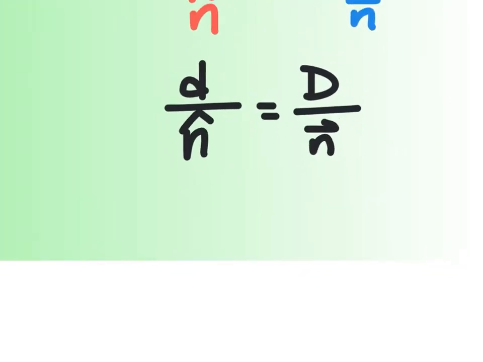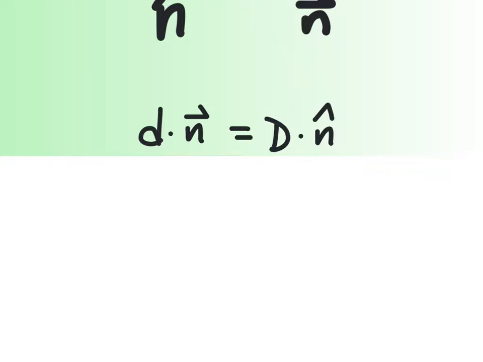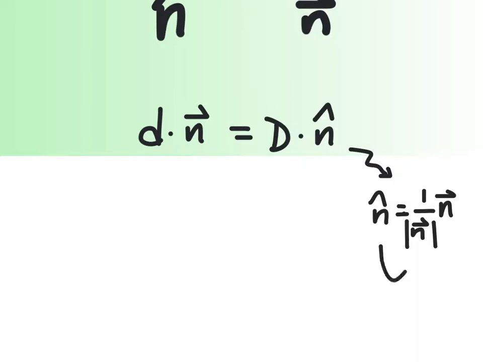I'm just going to do some algebra here, cross multiply. d times our normal vector would equal capital D times the unit vector in the direction of our normal. Now, I want to take off to the side here for a moment. The unit vector in the direction of our normal is 1 over the magnitude of our normal times our normal. That's just the definition of the unit vector.